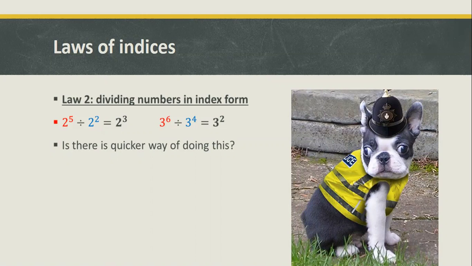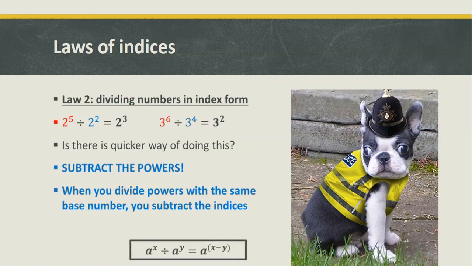So 2 raised to the power of 5 divided by 2 raised to the power of 2, we have 2 raised to the power of 3. Why? Because we just subtract the powers. So 5 minus 2, and the same thing applies to this. So when you divide powers with the same base number, you subtract the indices.